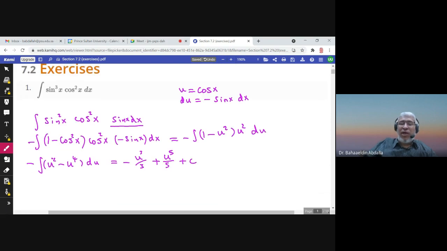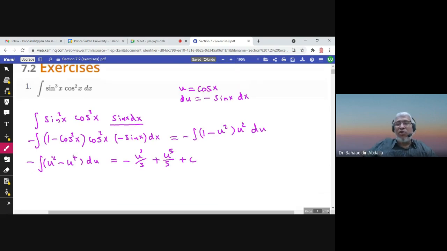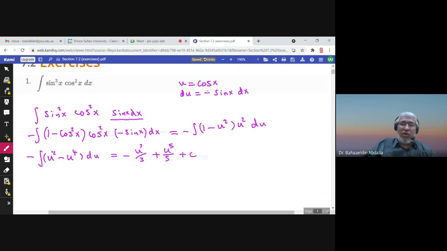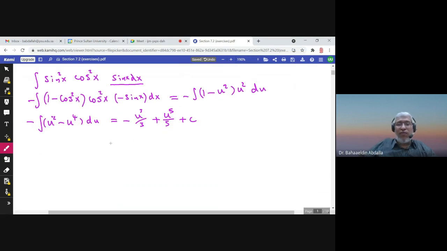And now you can write u again as cosine because the substitution was u equals cosine. So the answer would be negative 1 over 3 cosine cube x plus 1 over 5 cosine to the power 5x plus c. This is the integral.